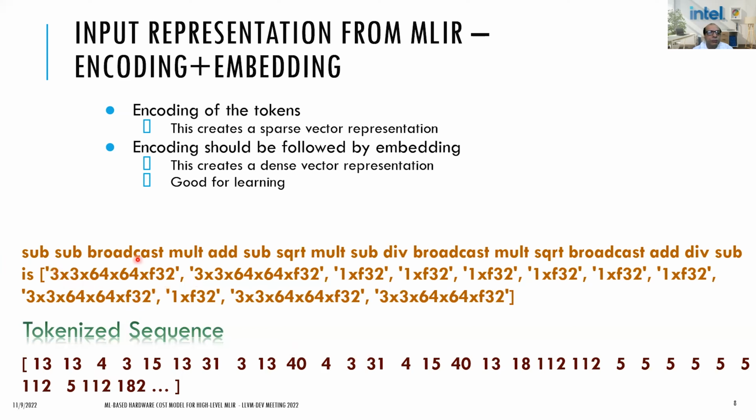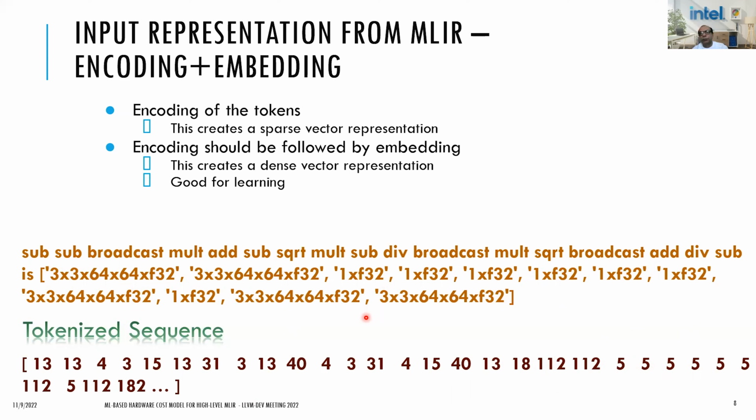And you see that this particular tensor size of 3 cross 3 cross 64 cross 64 cross F32 gets a token number of 112, while 1 cross F32 gets a token number of 5. And you can see this getting repeated because these sizes are getting repeated. So this is what is called tokenization.